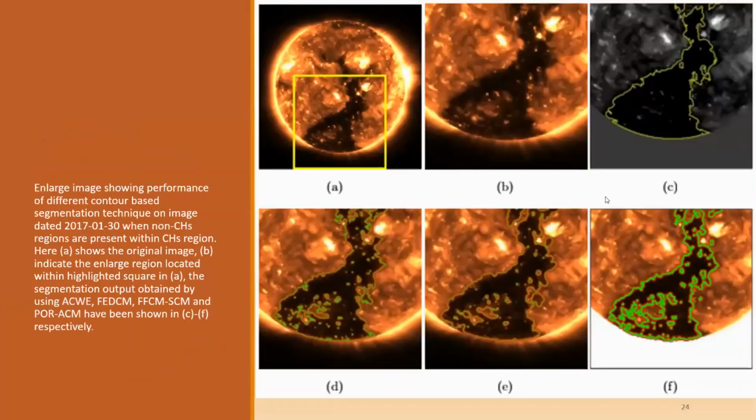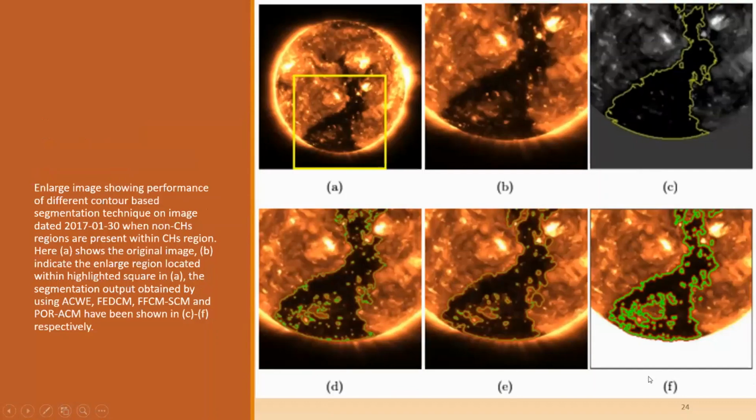And see here, one of the existing algorithms, the active contour based model, doesn't detect the non-coronal hole region, which is actually present here. You can see some non-coronal hole region present, but it is unable to detect it using the existing algorithm. But the proposed algorithm has clearly detected this non-coronal hole region.